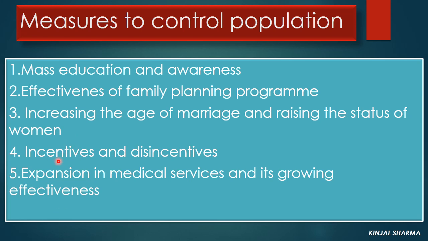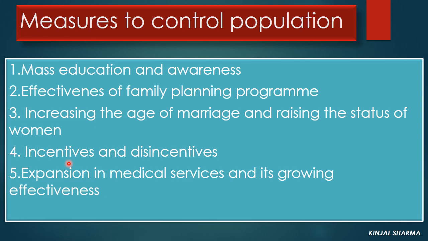Next come incentives and disincentives. The incentives and disincentives offered by the government play a very important role in family planning. For instance, couples who undergo sterilization are given financial compensation by the government.